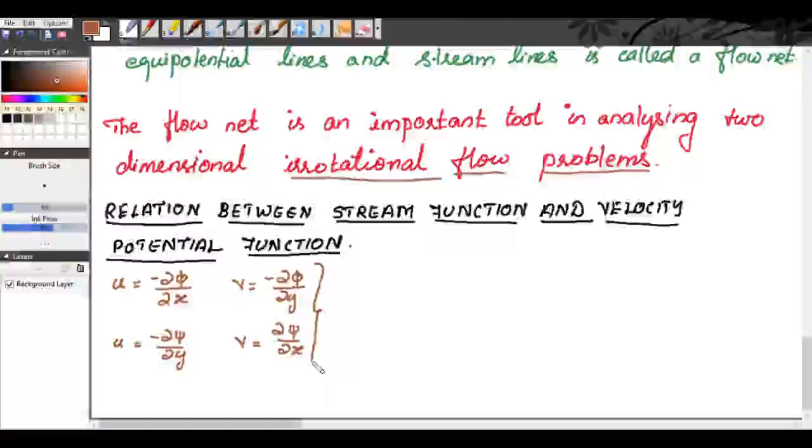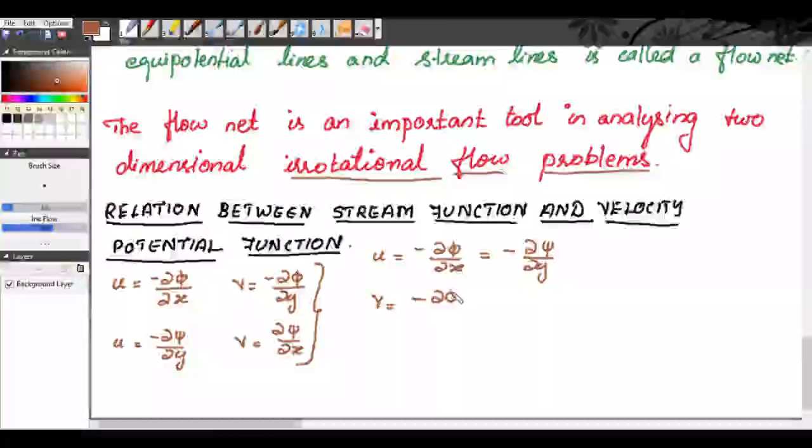So from these two relations, u is equal to minus dou phi by dou x, that is equal to minus dou psi by dou y, and v is equal to minus dou phi by dou y, that is equal to dou psi by dou x.